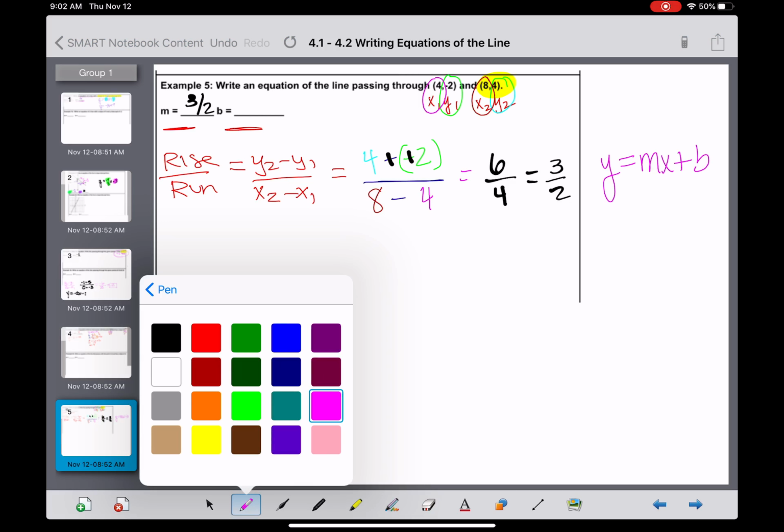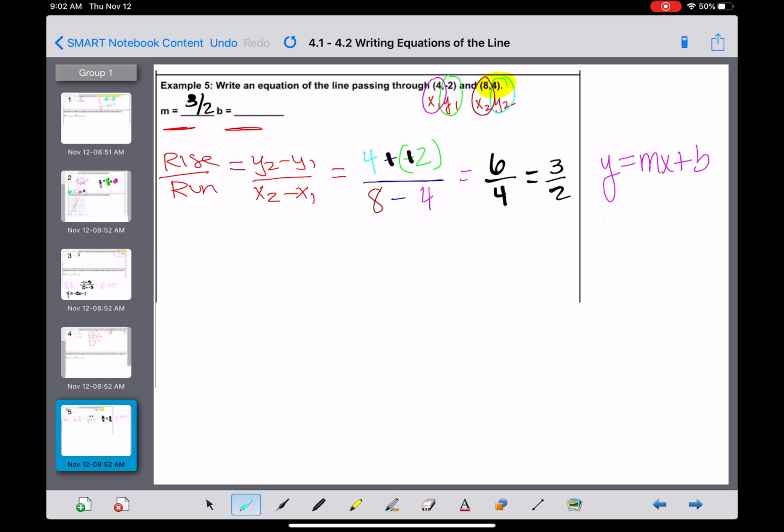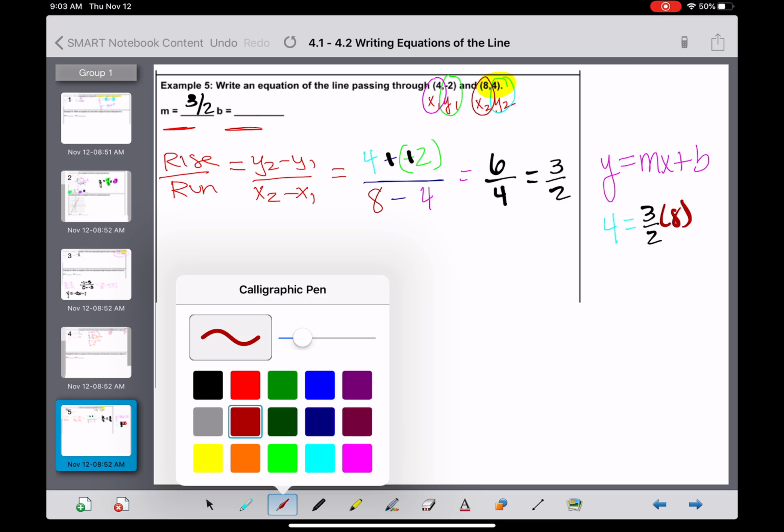So my y value is 4. My m value is what I just found, 3/2. My x coordinate is 8. And I am trying to find b.